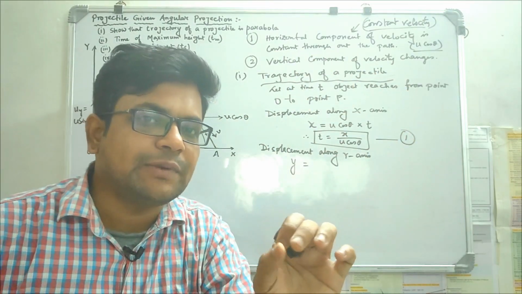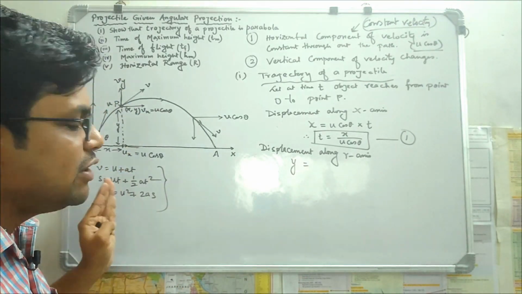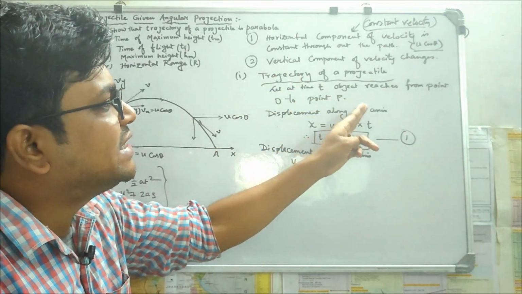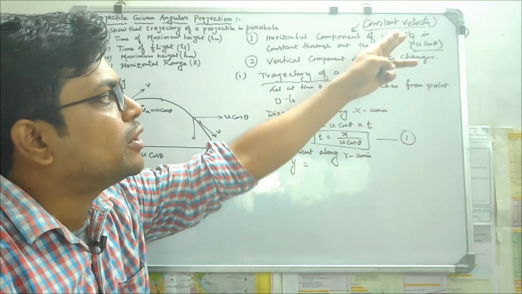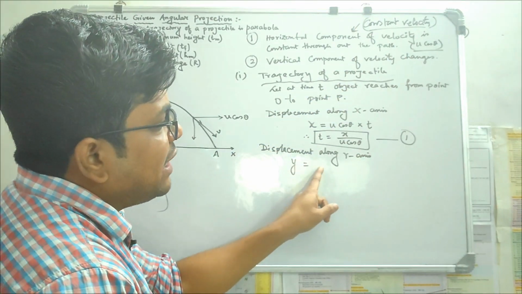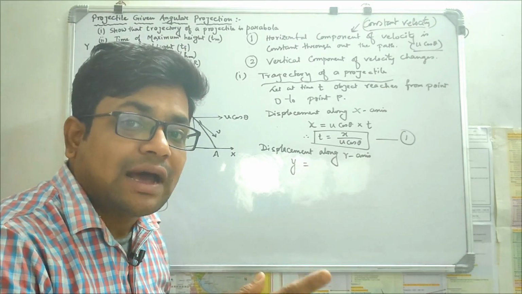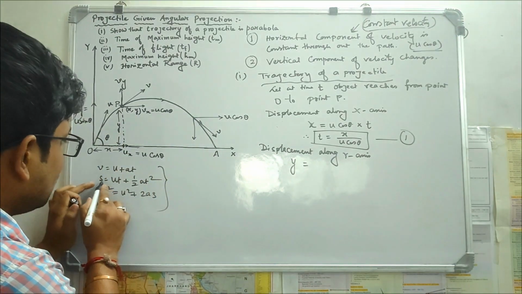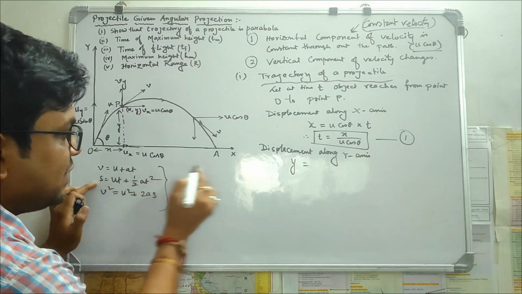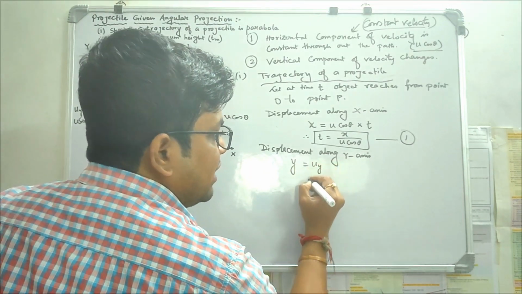So in the case of constant speed, acceleration is 0. So there is no requirement of using the equation of motion for the x component. The x component velocity is constant, that's why, right? So displacement along the y-axis is y equals, s equals ut plus half at square, that formula. So s means displacement, that is y, equals ut means u_y.